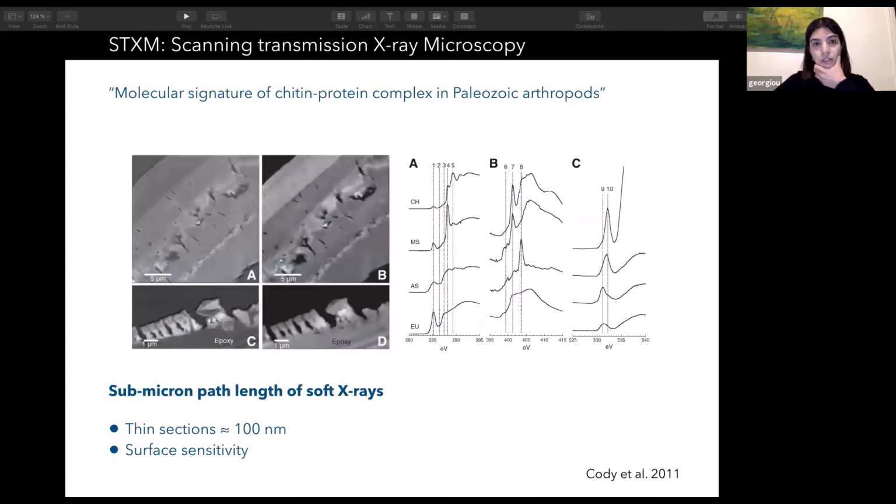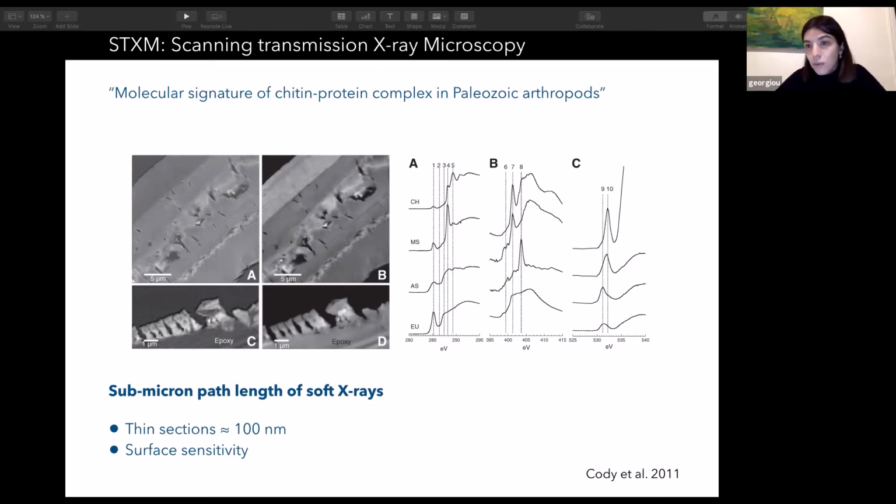We have also scanning transmission X-ray microscopy. Cody had looked at the molecular signature of kidney protein complex in Paleozoic arthropods, and this is a powerful soft X-ray technique. The main limitation for the study of heritage objects with this technique is the submicron path of the soft X-rays.